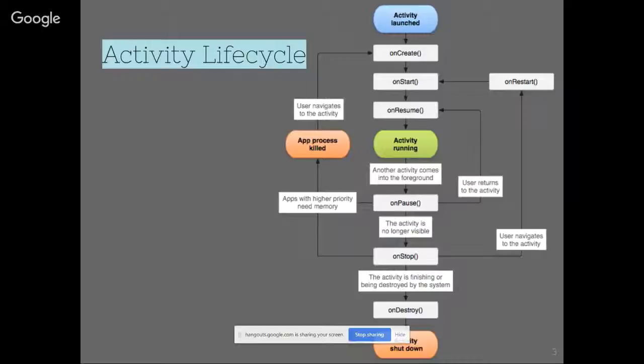So at this point, your activity is at the top of the activity stack. And it's always followed by onPause. So onPause is part of the activity life cycle as well.